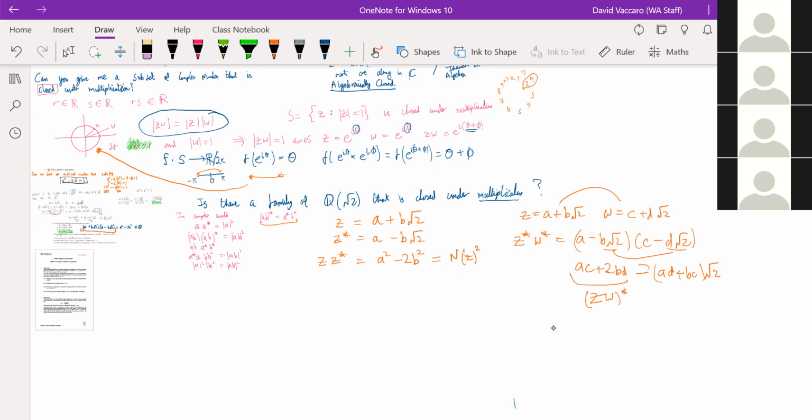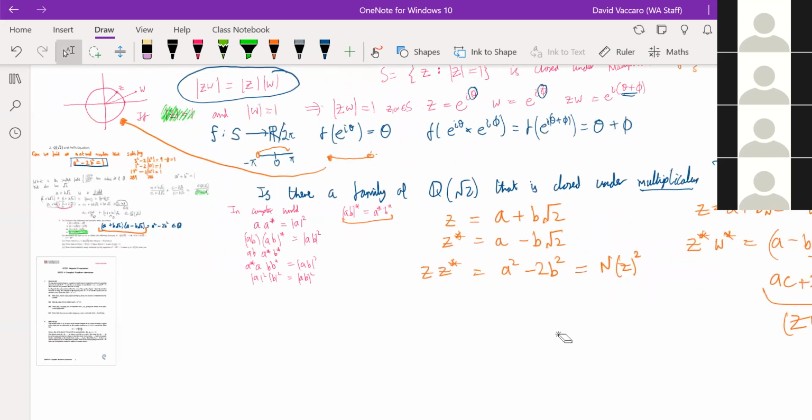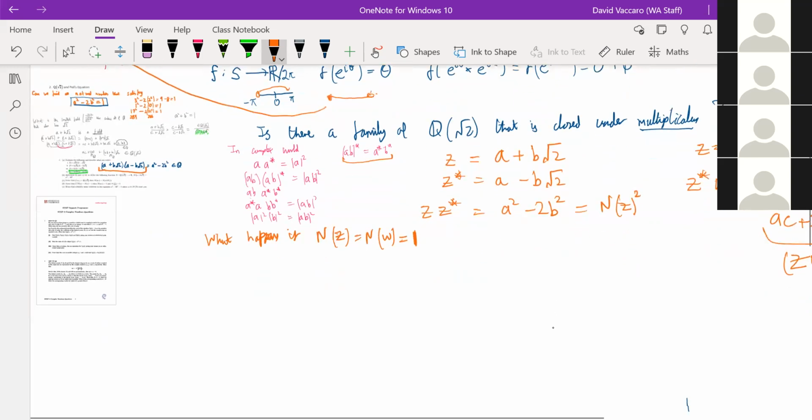Okay, so algebraically, if I multiply two numbers a plus b root 2 and c plus d root 2, then the stars square. In particular, what happens if n of z equals n of w equals 1?